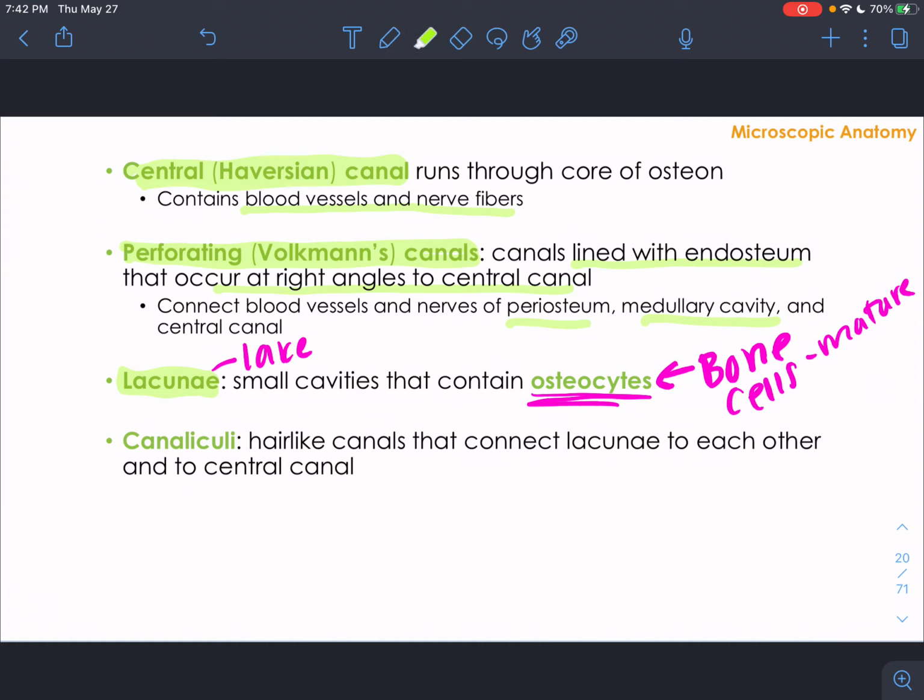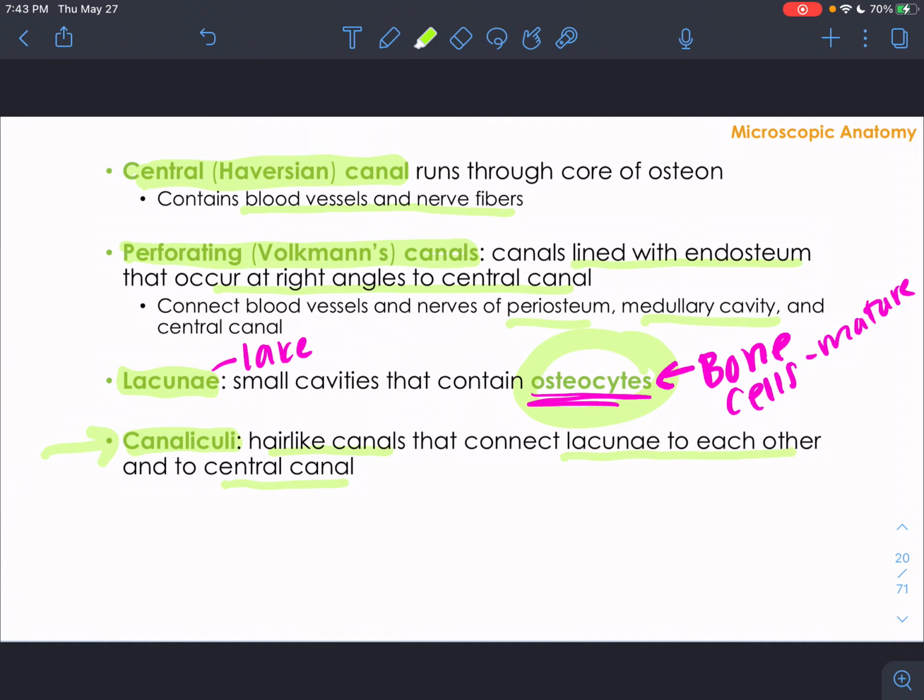We also have structures called canaliculi, which are tiny canals that connect lacunae to each other and to the central canal. All of our blood and nerves are running through the central canal, and the bone matrix is really hard. So in order for nutrients to get from the blood to the osteocytes, the actual bone cells that need those nutrients, we have to have these little canaliculi to connect everything.